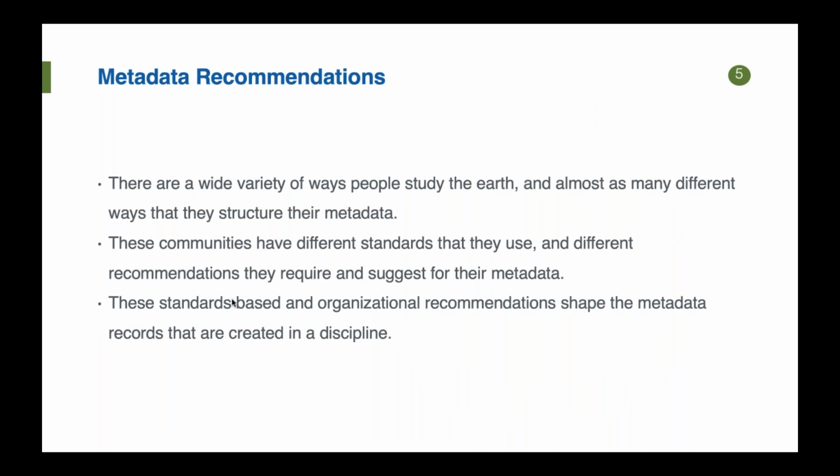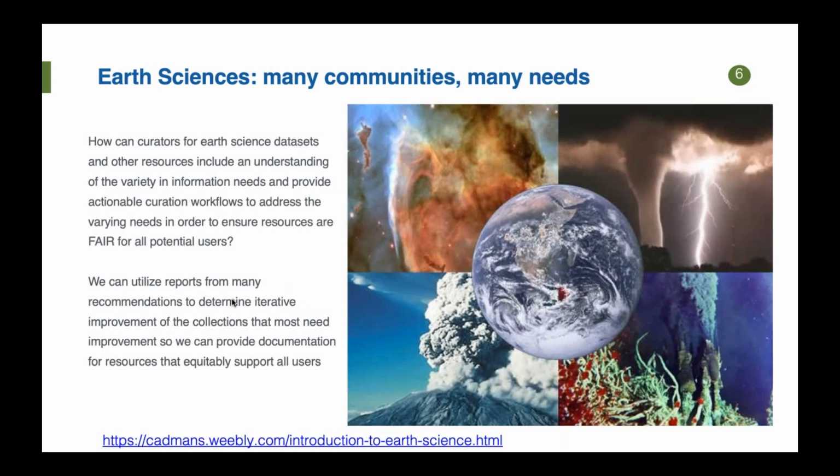And since there are a wide variety of ways that people study the earth, there are almost as many different ways that they structure their metadata. And these different standards have different recommendations or information needs for what their users require and need from their metadata. And these shape the records that are created by a discipline.